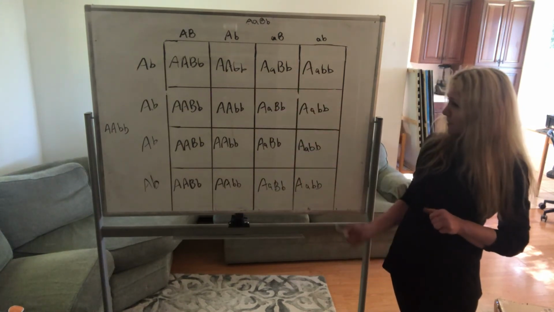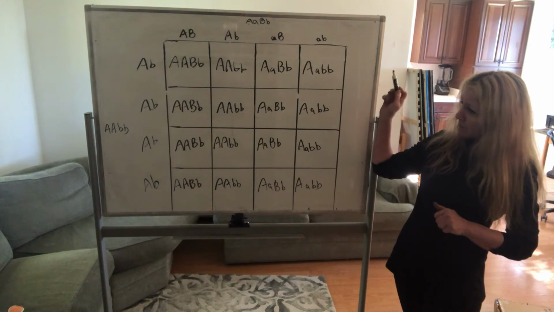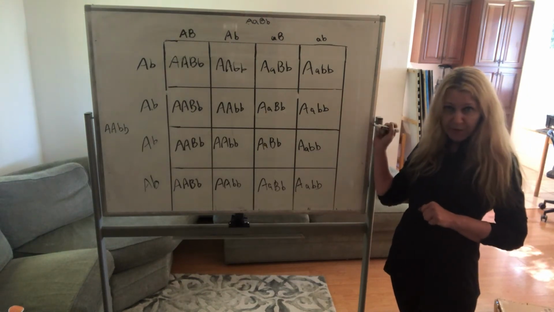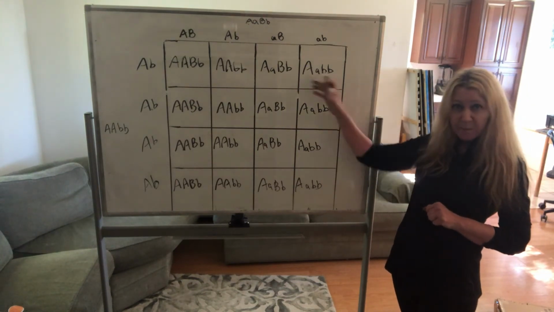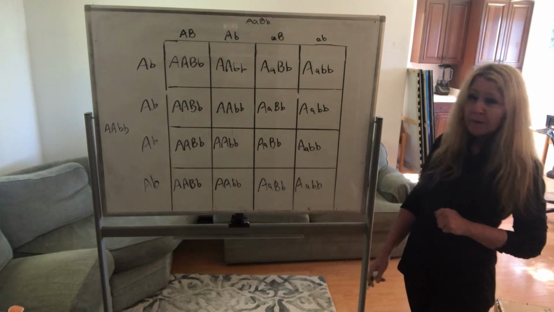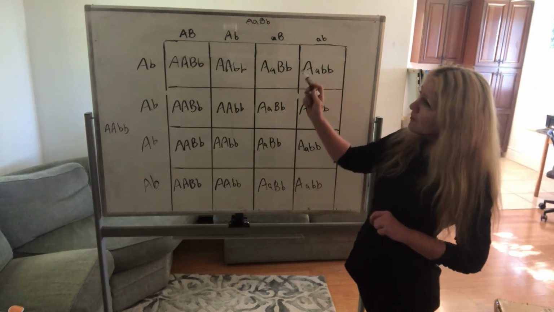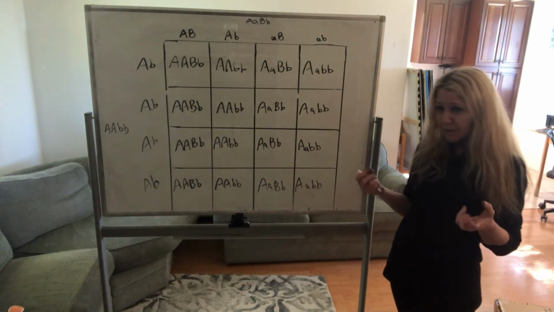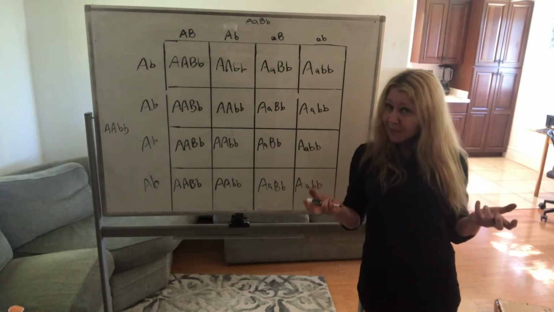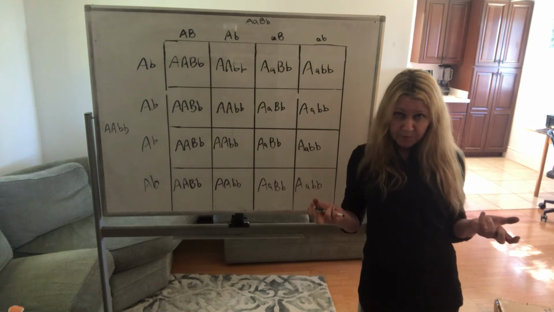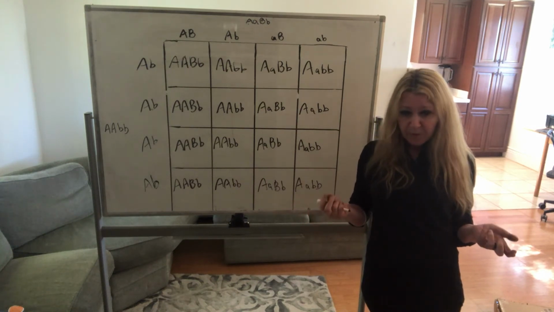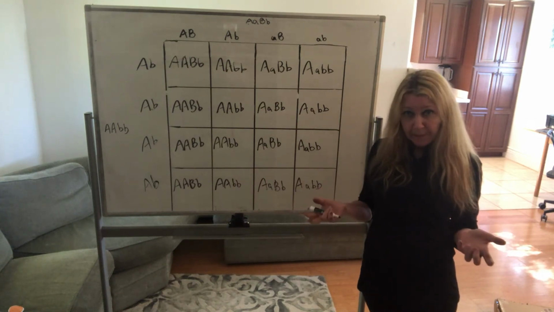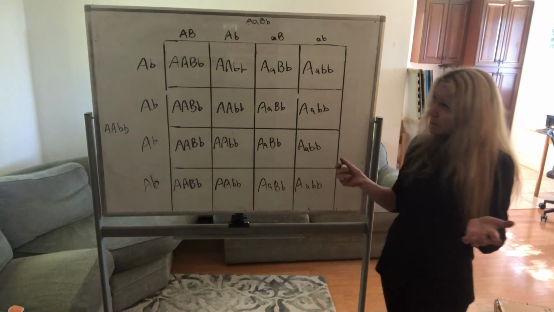So these are the possible combinations that you can have in the offspring. So these are like the possible zygotes. Okay, so if I want to know what percent of the offspring are going to be double heterozygote, they're going to have one big A, one little a, and one big B, one little b.